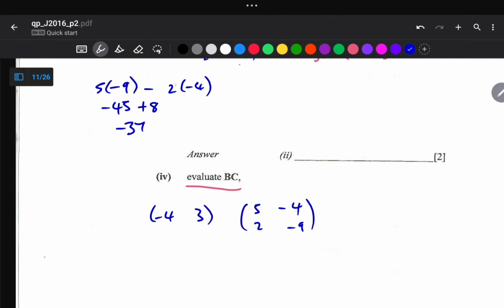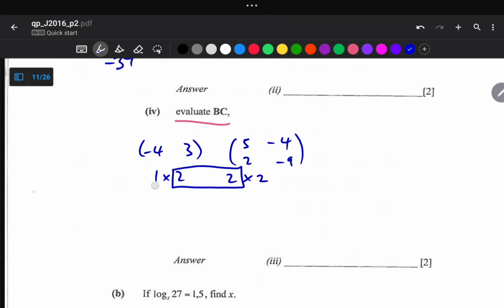So this is a 1 by 2 matrix multiplying this 2 by 2 matrix. Whenever these two numbers are the same, this simply says these two matrices can multiply each other. When these two numbers are different, this simply means that we can't multiply these two matrices.